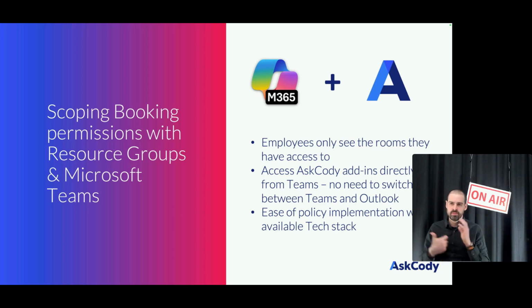So basically, with AskCody resource groups and Microsoft 365, employees will only see the rooms they have access to. They will have the AskCody add-in directly on Teams and on Outlook, so basically on the tools that they already have, that they're already used to, meeting the users where they are. And it makes it really easy for organizations to implement policies without any other party tool or any complicated process.